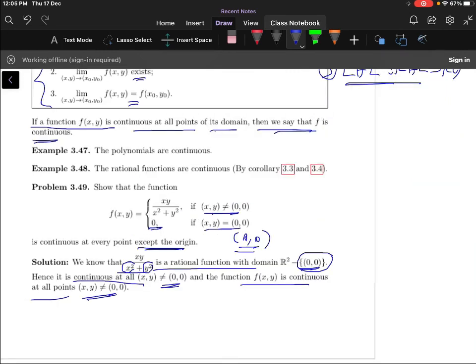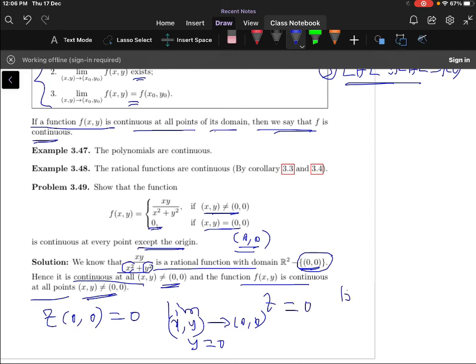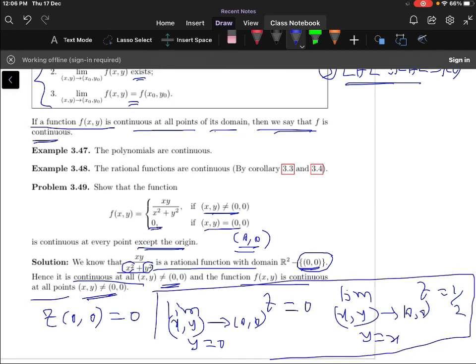You can observe that the function value at x comma y equal to 0 comma 0 is 0, and along the path y is equal to 0, the limit as x comma y approaches 0 comma 0 of the function f is 0.